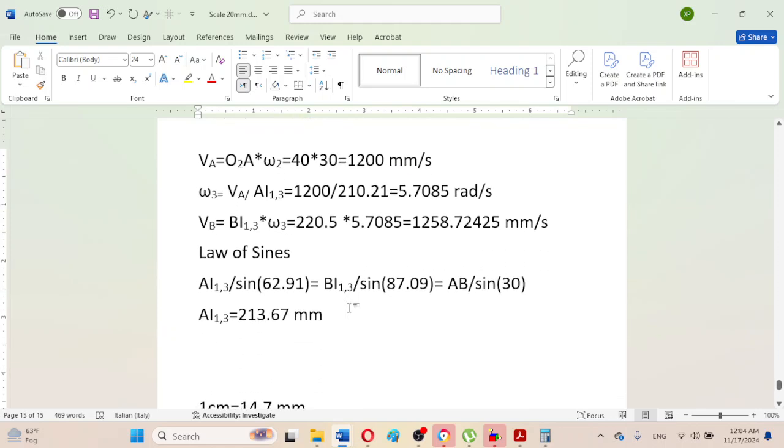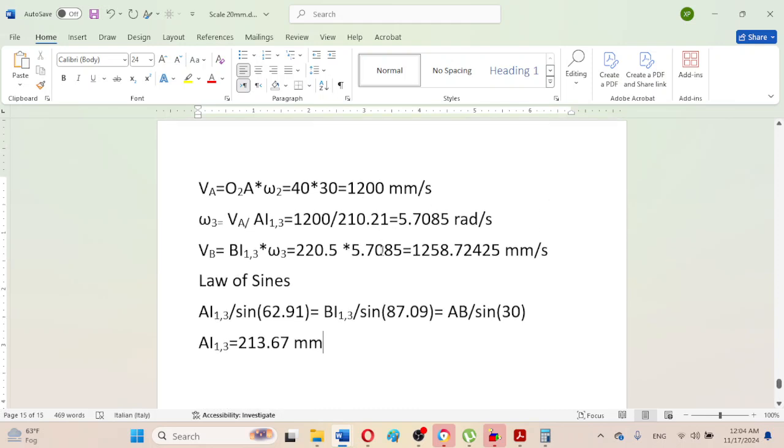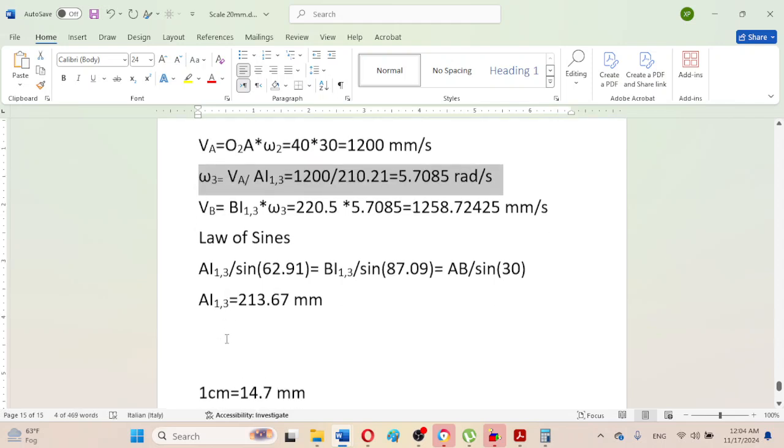So AI3 has been calculated, and in a similar manner, at this stage we can calculate omega 3 from this analytical formula.